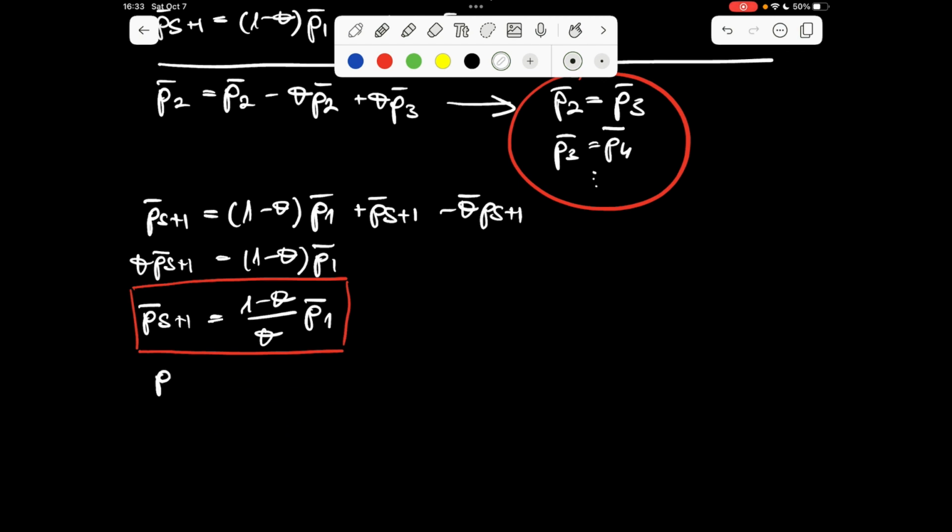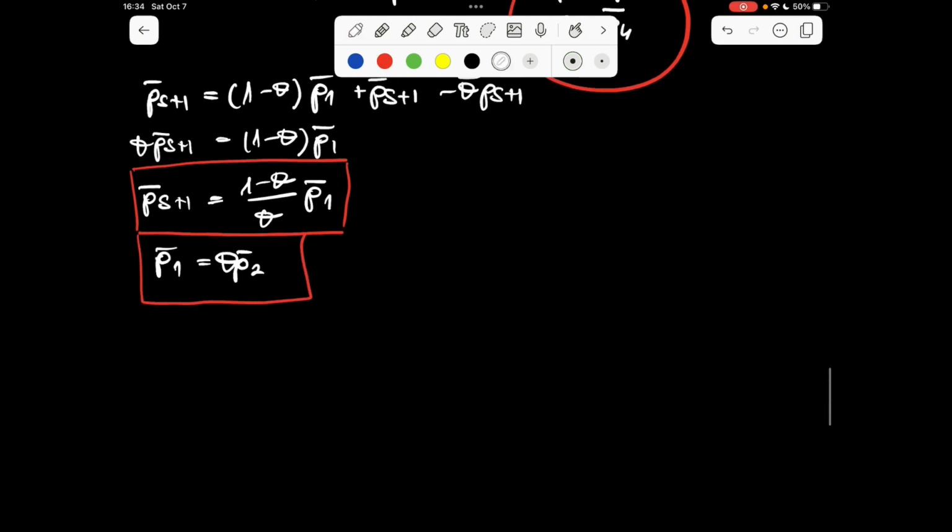The following equation describes the first element in this invariant distribution vector, and there is only one element missing, the item before the last element in the distribution vector.